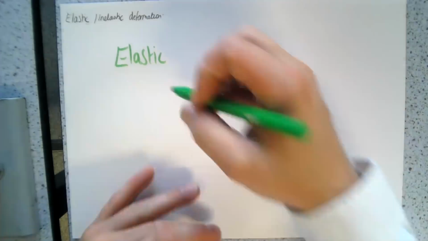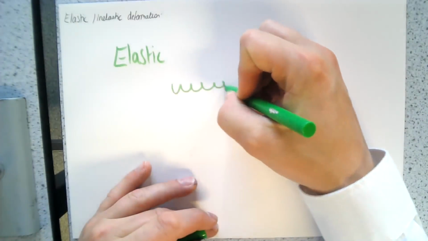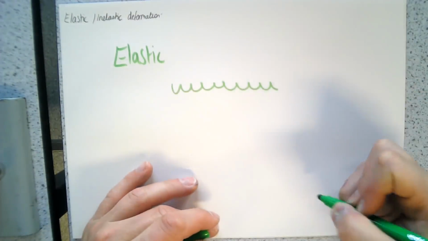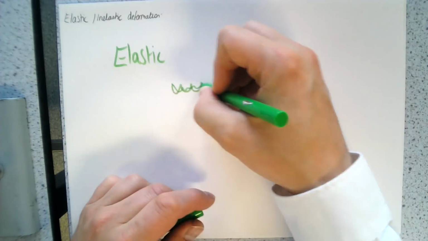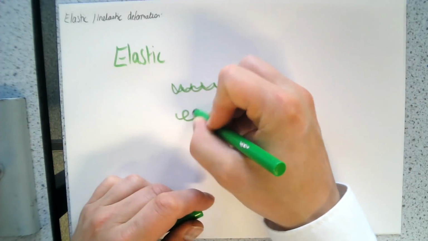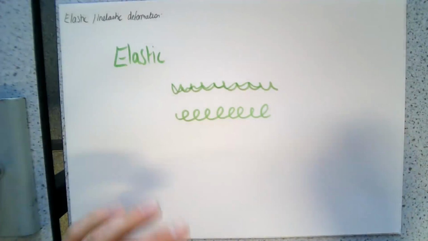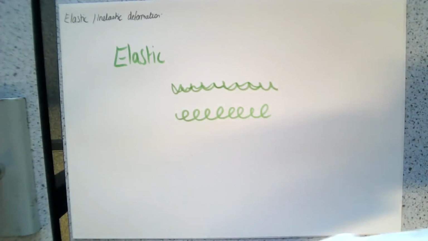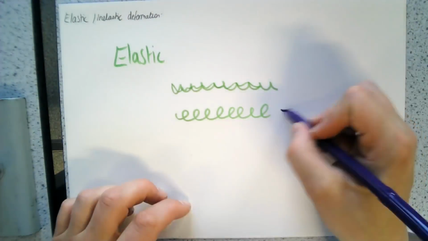Such as an elastic band, a spring. That means when you apply a force to it, that's supposed to be a spring. That is shocking. It looks like loads of U's. Try again. There we go. And you apply a force to it, so you might stretch it. You might stretch it that way.